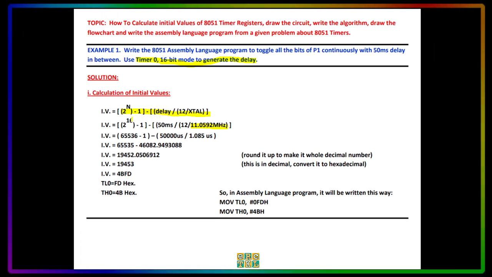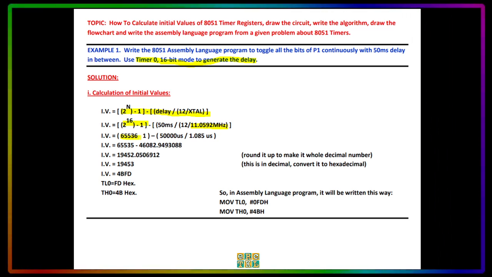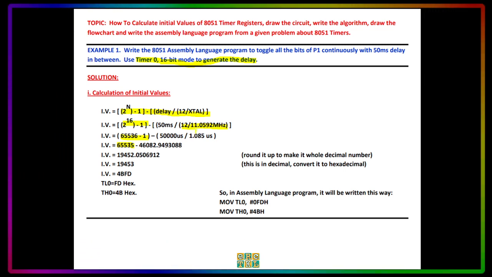And then the n will become 16 because we are using mode 1, so 16-bit timer, 2 to the 16 minus 1, that will give us 65536 minus 1, that will become 65535. And then when we look at this, the quotient of 12 divided by 11.0592 will be 1.085 microsecond.